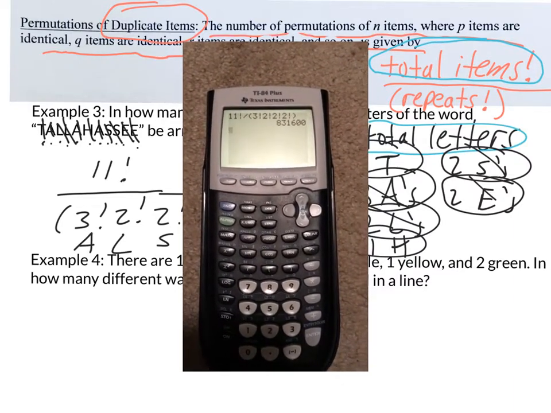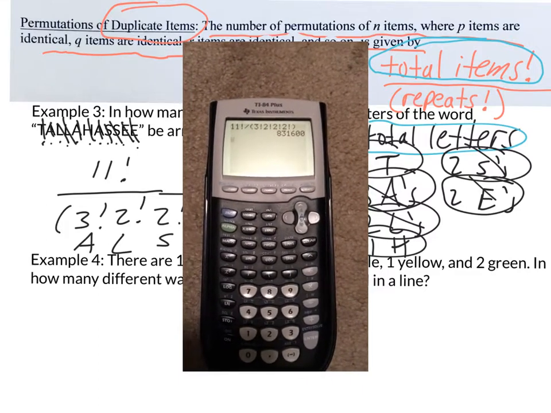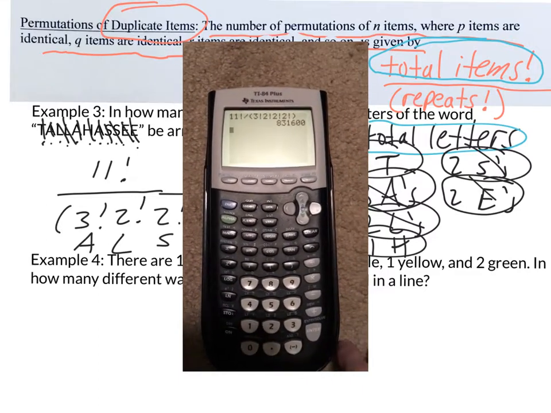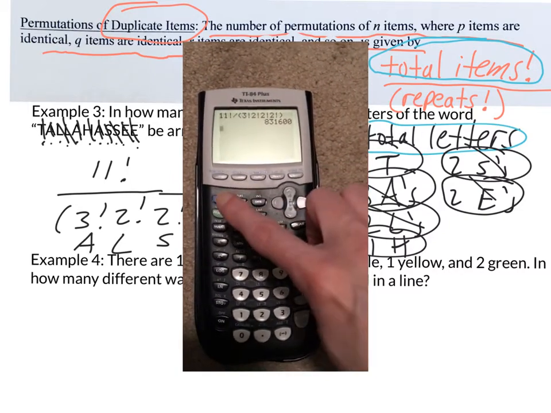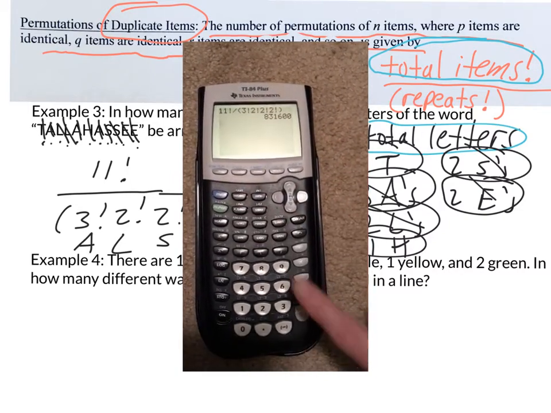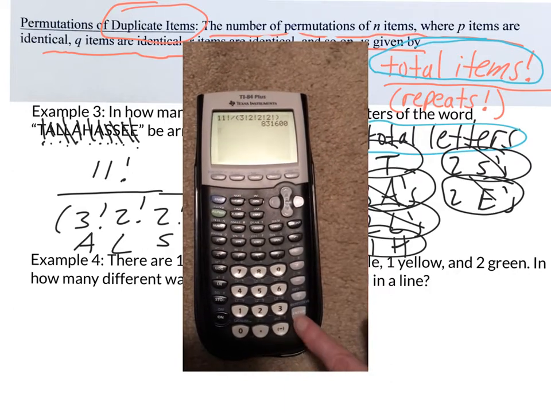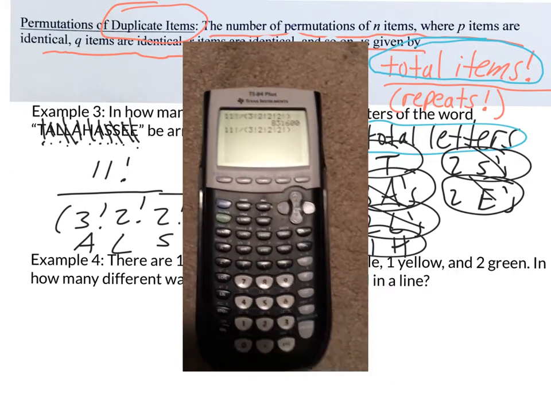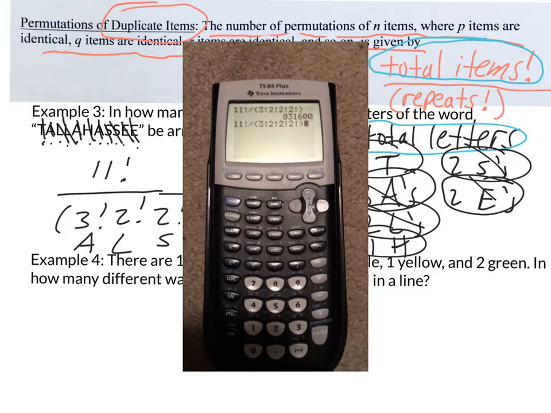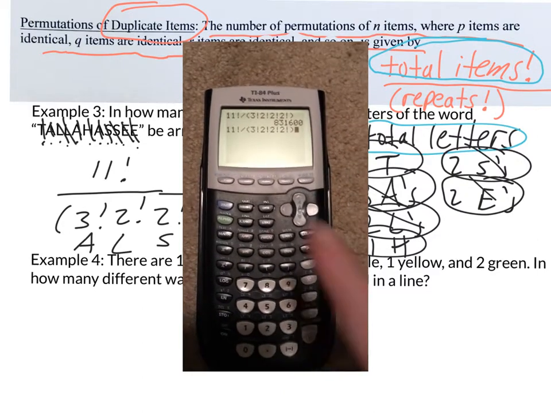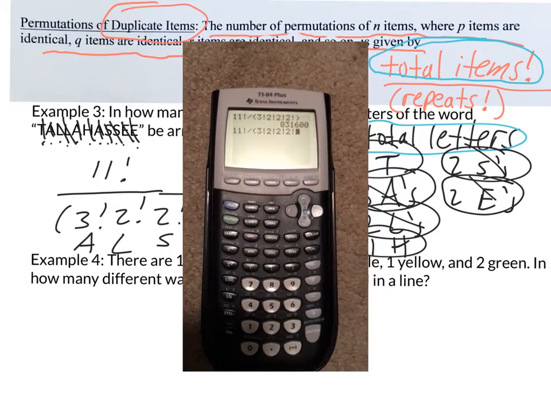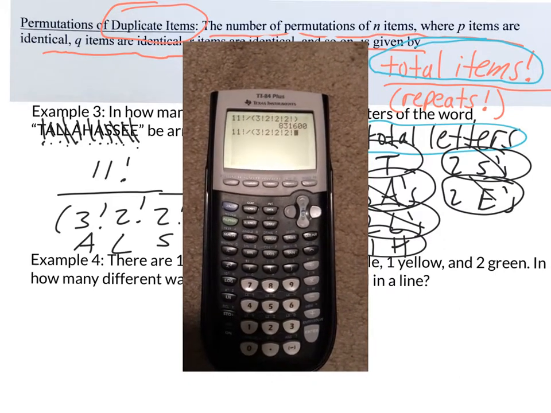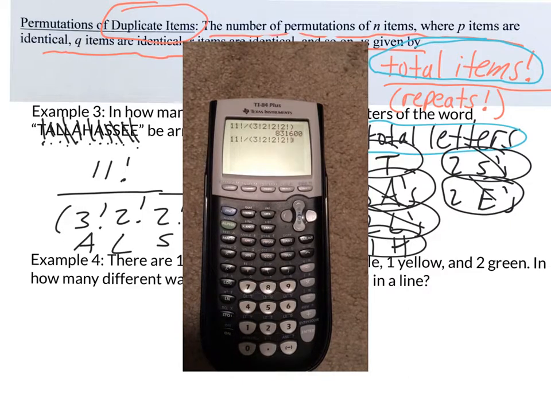831,600. Now, this is what happens so many times on the test and why people get this wrong. If I bring up the same line, if I hit second enter, which is entry, I can bring up the previous line on my graphing calculator. And let's say that you forgot those parentheses, which is easy to do since my Math Lab view and example does not show you those parentheses, but they are needed.